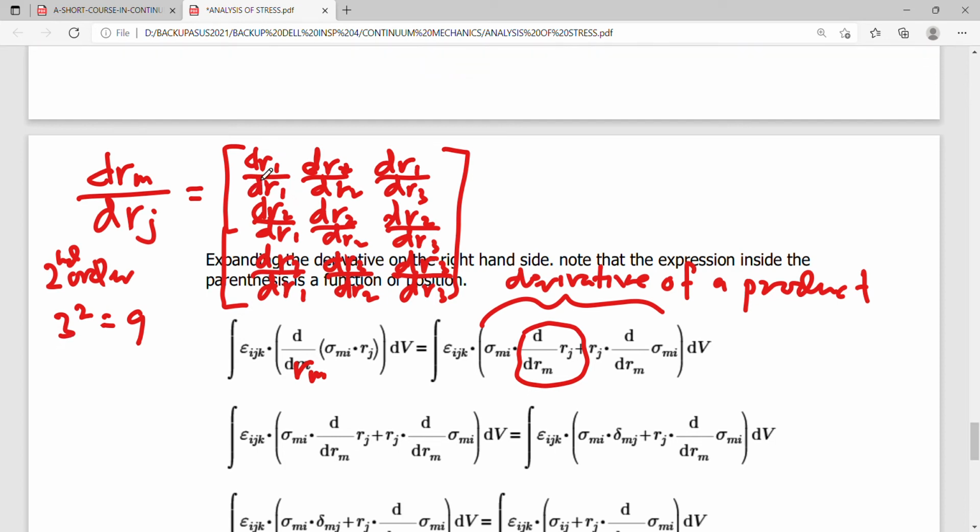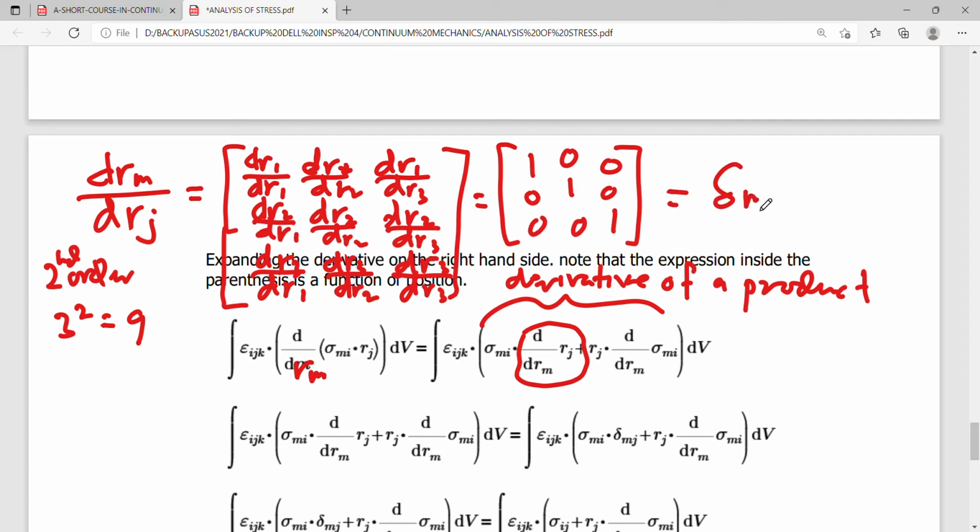And what is the derivative of a variable with respect to the same variable? This is simply equal to 1, 1, 1, and the derivative of a variable with respect to another variable is 0. Since we are talking here of partial derivatives, these are 0, 0, 0, 0, 0. Hence, this is simply equal to the delta m j.